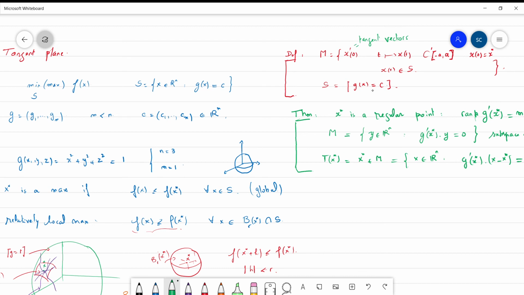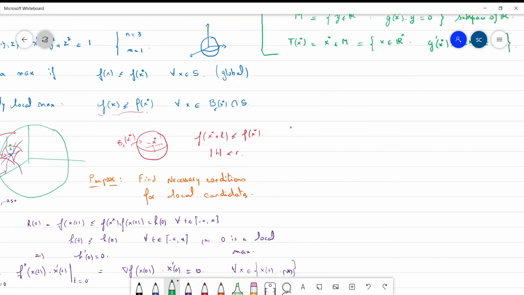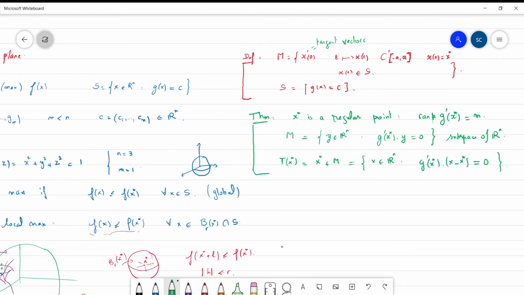If we consider all the directions of these curves, they form a tangent plane. Then we will see how we can obtain a necessary condition from the characterization that we started here. So the important sets we are interested in are those where we are able to find a tangent plane.